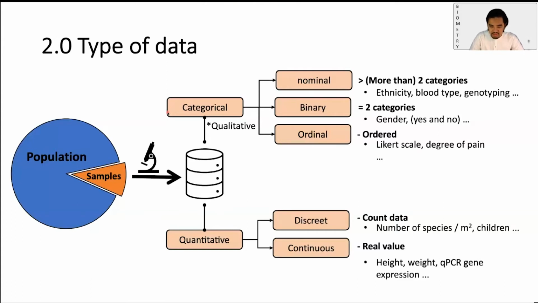Those are considered discrete data, where there is no decimal point at the back. While we have the continuous data, for example when you're recording the height of a particular person or population, and the weight, or the values coming out from the qPCR assay. Those are considered continuous data.